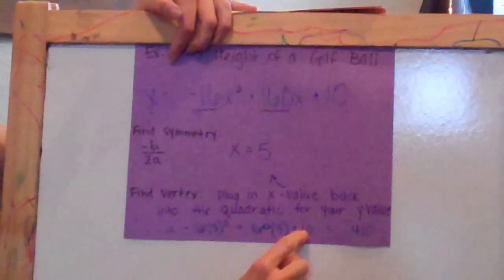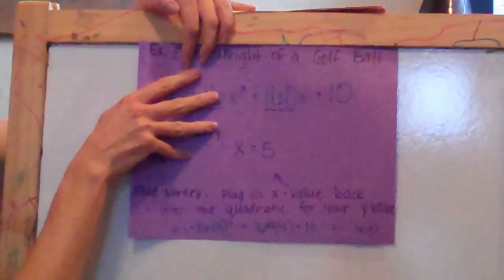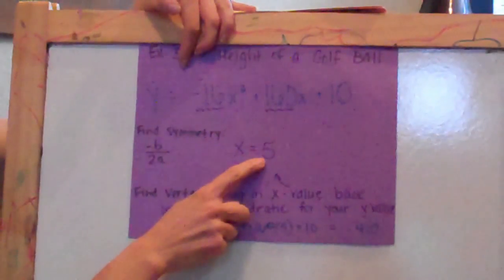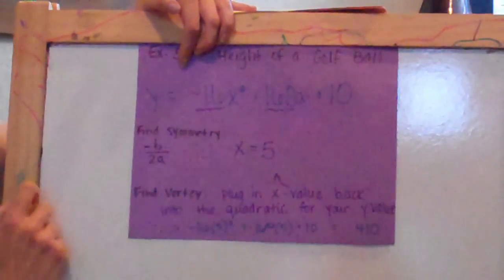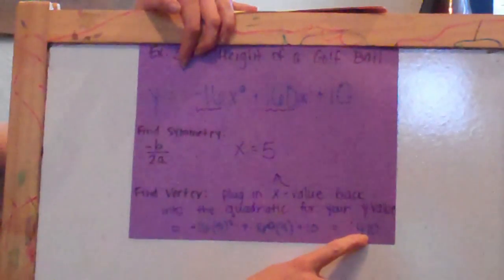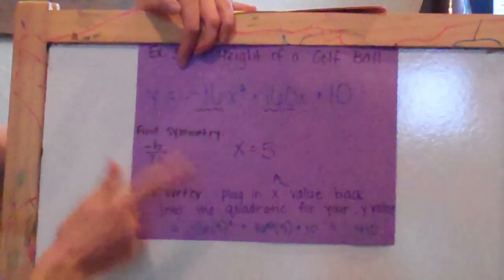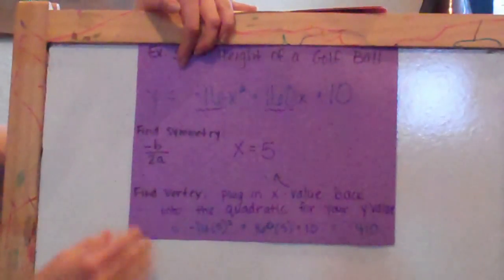And when I simplify that whole equation, I get 410. Now, this tells me that 5 seconds after that golf ball was hit, it reached a maximum height of 410. That's what those two numbers mean. So try that the next time you're at the golf course.